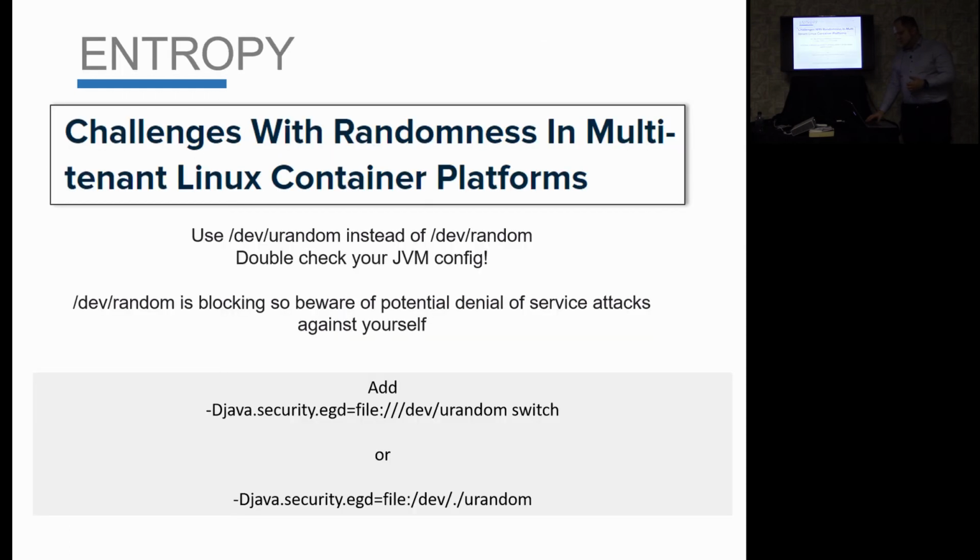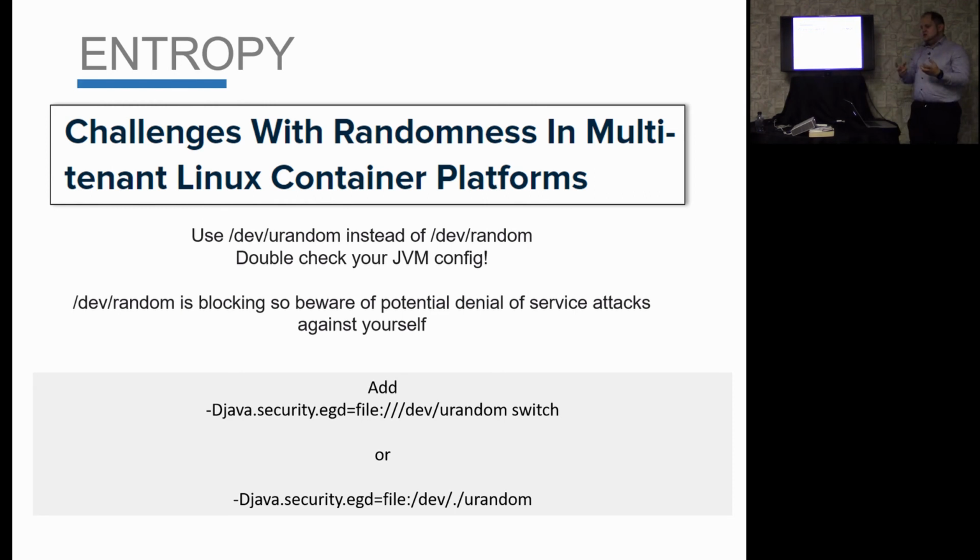And then this is on the other side of the scale. When you're running very large clusters and very large containers that are processing high volumes of transactions, you can actually run out of entropy. Entropy is the randomness used when generating keys for SSL connections.